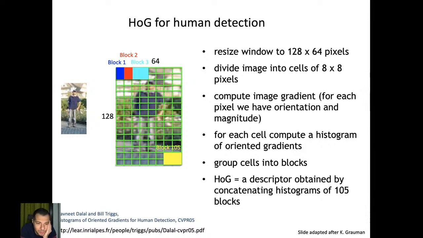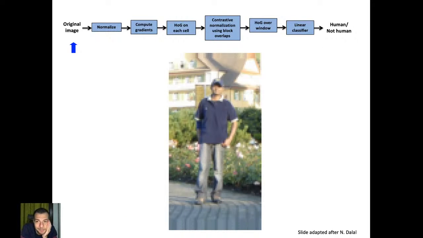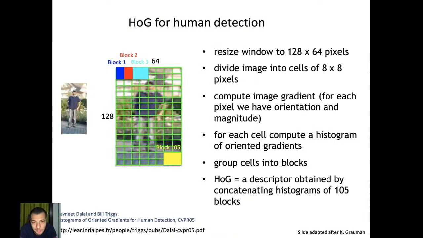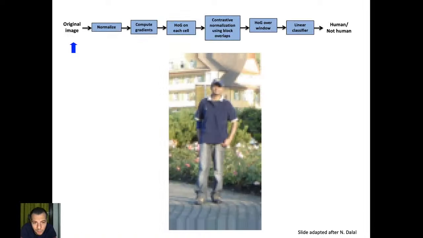So for each block, they compute a histogram that is an average of the neighboring histograms, and this gives us the HOG representation. So this is the main overview of the HOG, and now we discuss the steps.